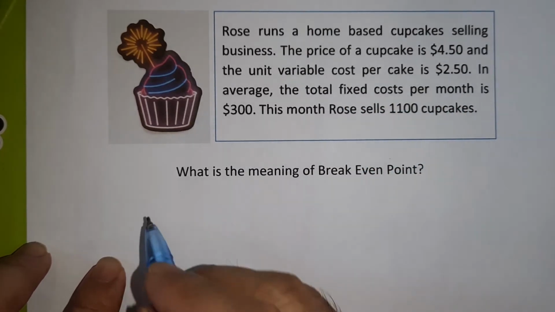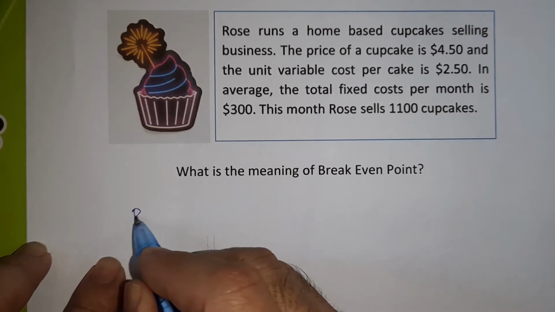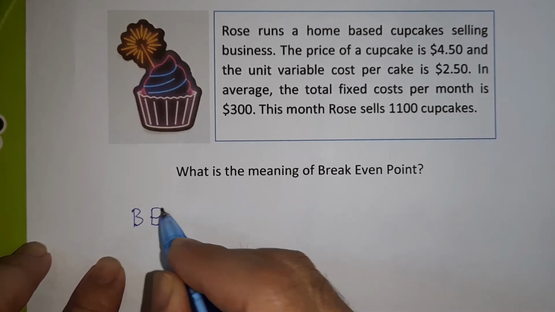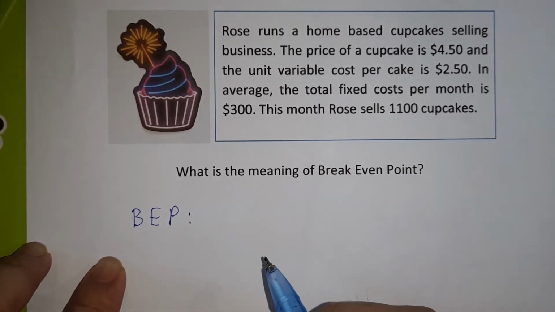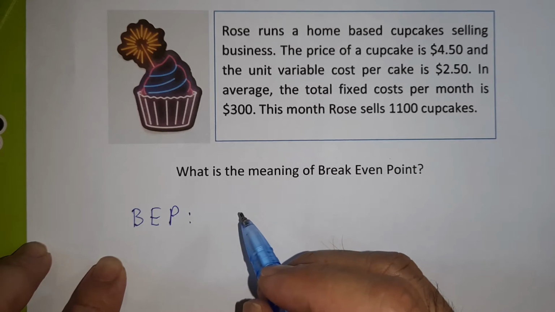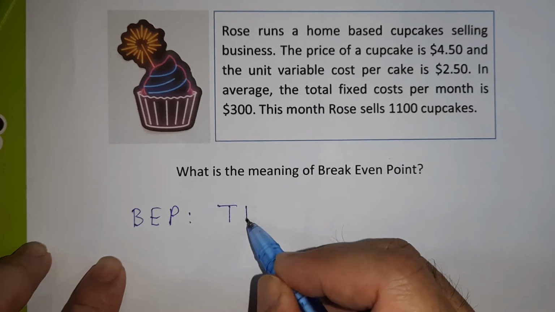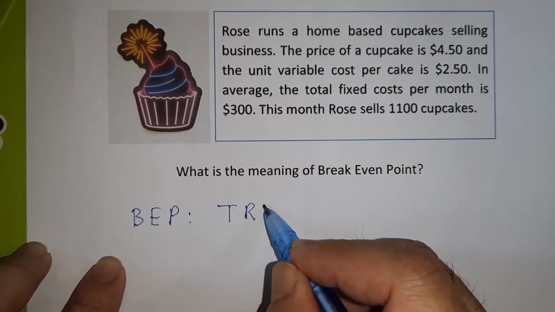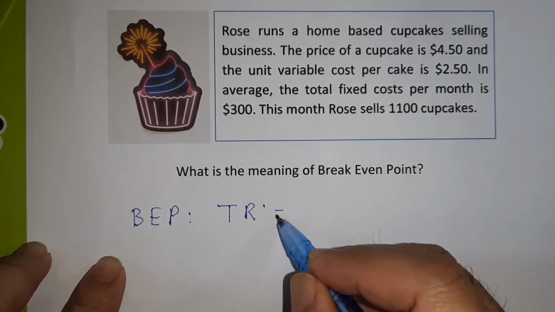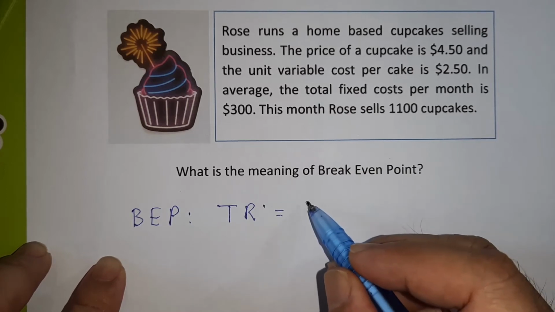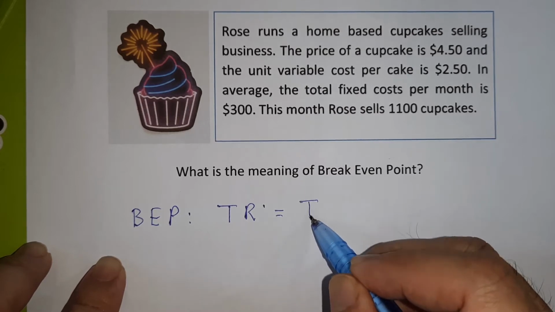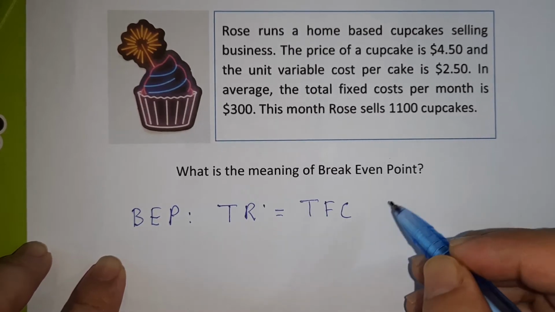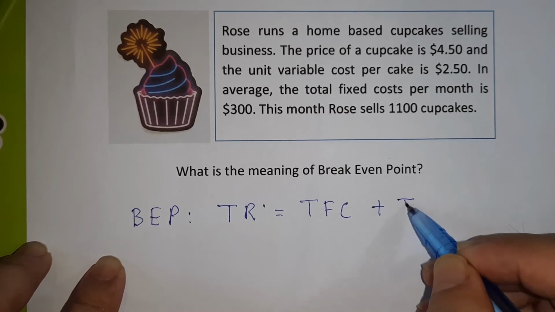Okay, what is break-even point? Break-even point is the level where a business's total revenue is equal to total cost. In CVP analysis, total cost equals total fixed cost plus total variable cost.